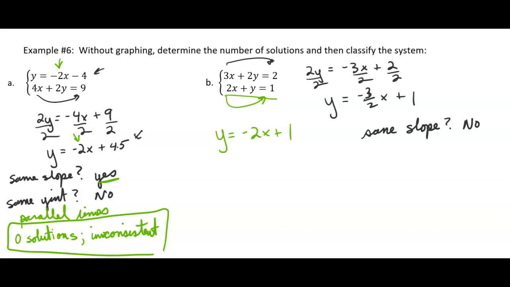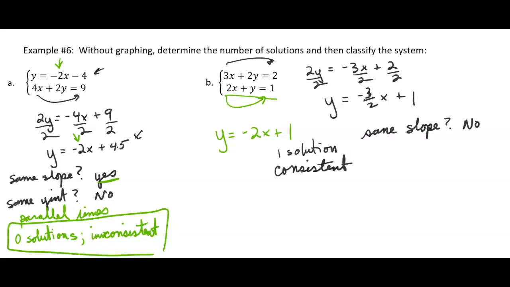They have the same y-intercept, but that's not going to matter to us. So they don't have the same slope, they're not coincident, and they're not parallel. So it's a consistent system. Oh, and it has one solution.